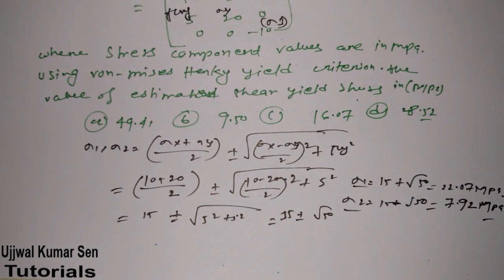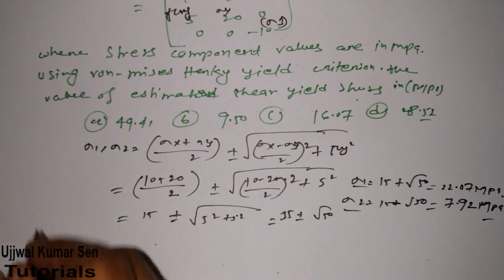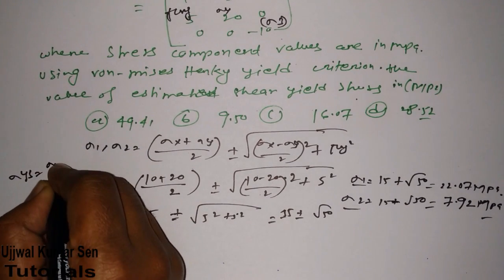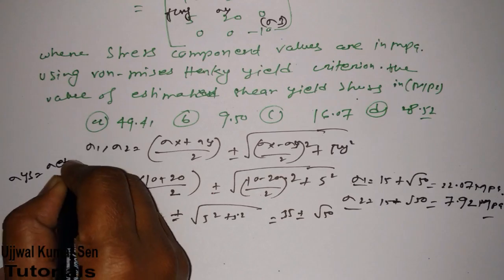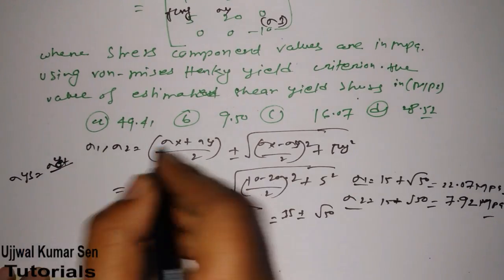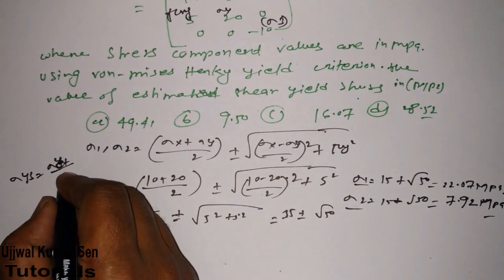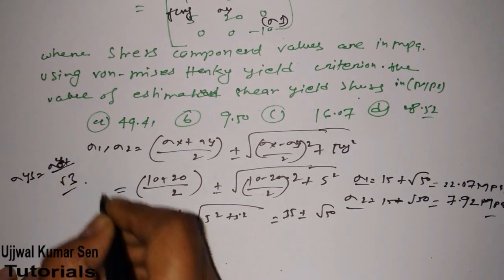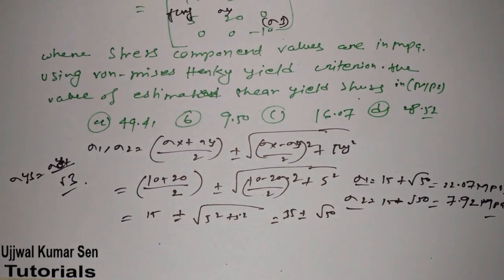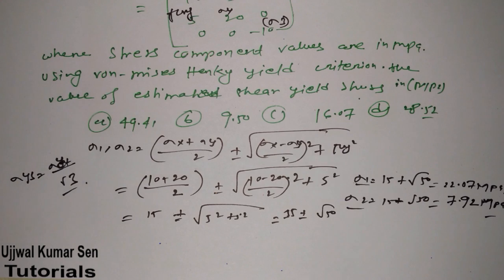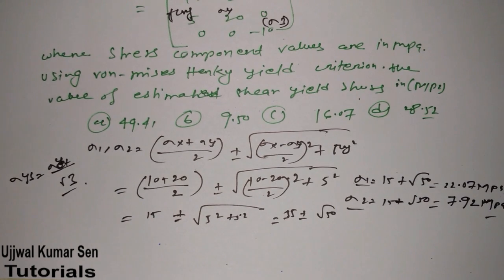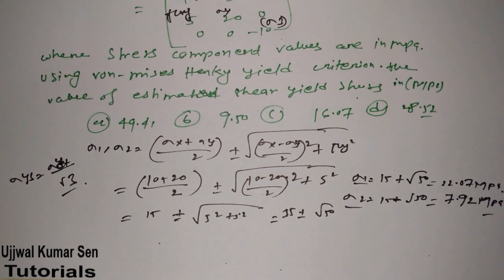Basically, sigma ys is equal to sigma yt, the yield in tension, divided by root 3. So we have to find out that value first, and after that we can easily find out the answer. Which formula do we require to find sigma yt?